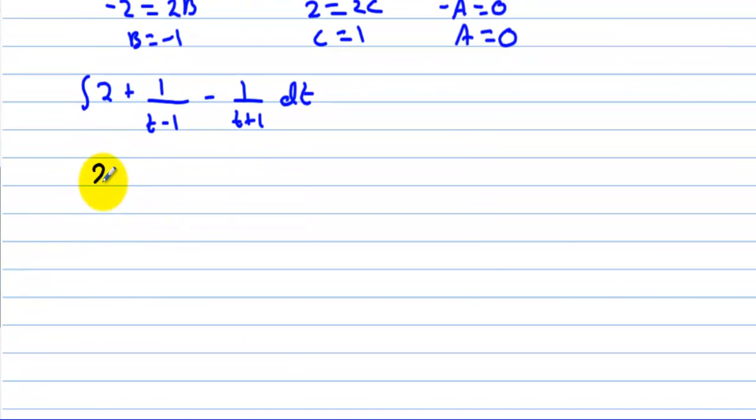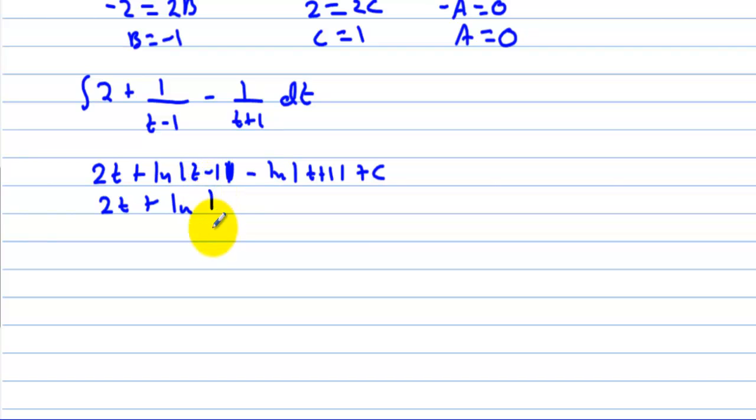The integral is 2t plus the natural log of the absolute value of t minus 1, and then minus natural log of the absolute value of t plus 1, plus c. 2t plus the natural log of the absolute value of t minus 1 over t plus 1.